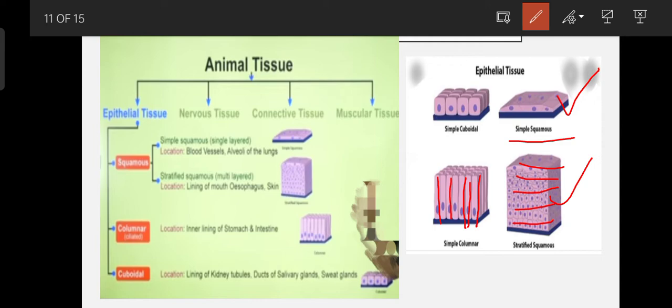The function of columnar epithelium is absorption and secretion. Columnar means pillar-like. This epithelium tissue facilitates the movement across the epithelial barrier. The location, it is present in the respiratory tract and the inner lining of the stomach and intestine.